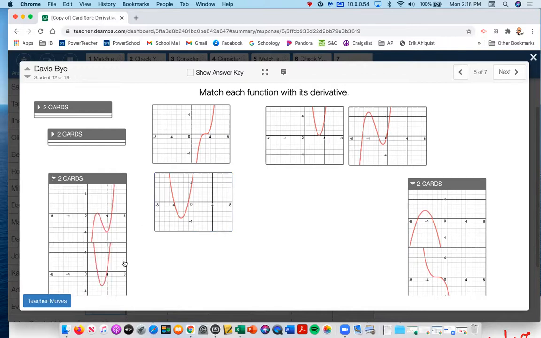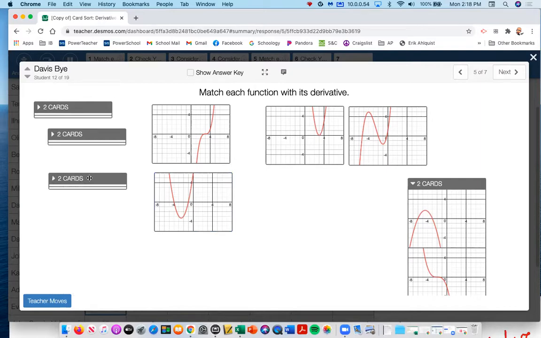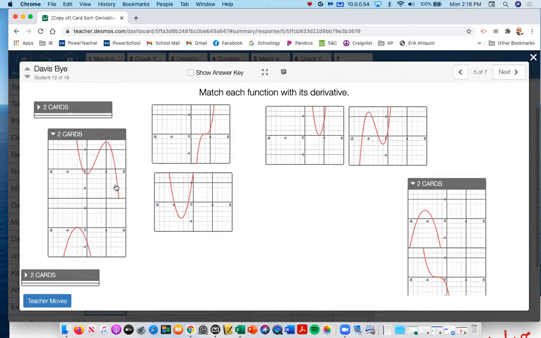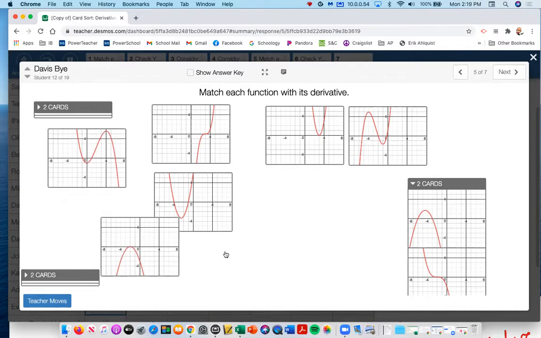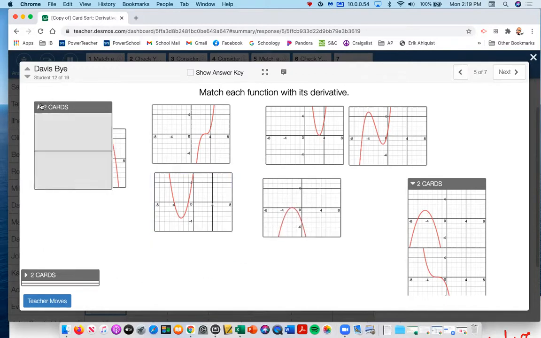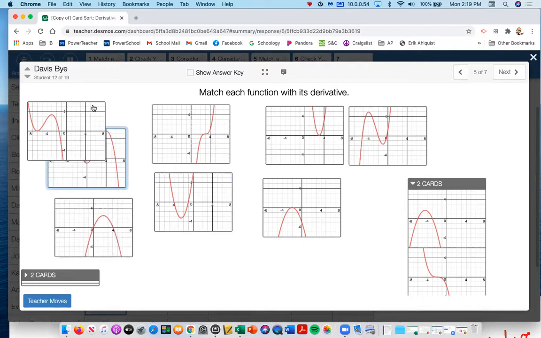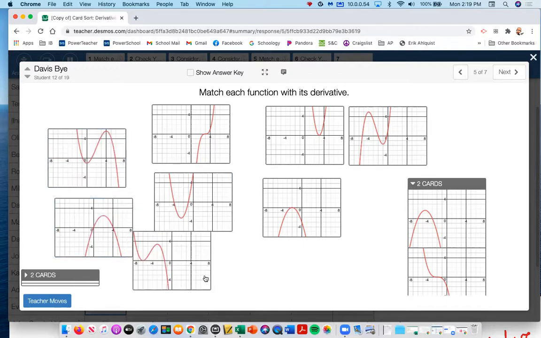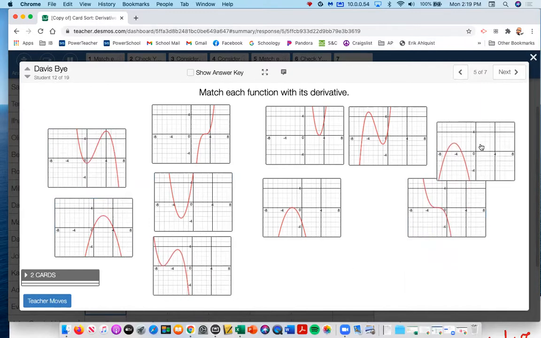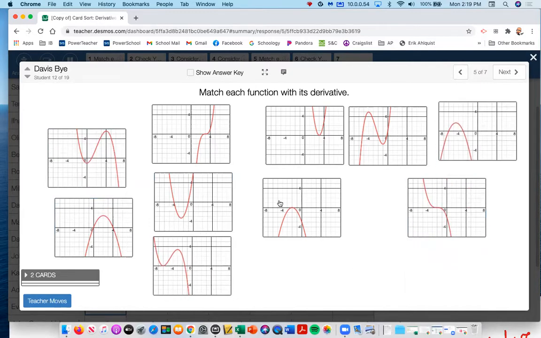Oh, this one, I think this one is right. I don't think those are right. I think you have the right idea, the way you're shaping them up, but let me just show you what I would look for.